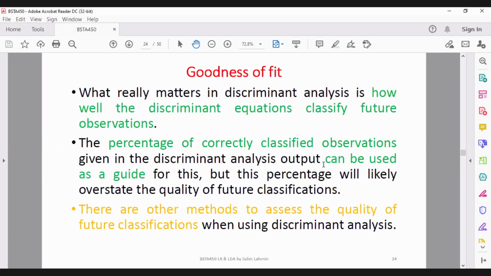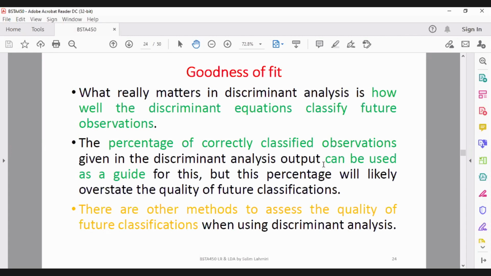Goodness of fit. Like for multiple linear regression, we have used R-square to evaluate the goodness of fit of the regression. So what really matters in discriminant analysis is how well discriminant equations can classify future observations.